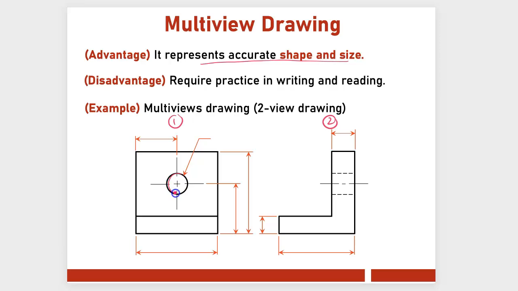You can see that the hole is a perfect circle, the square is a square, the right angle is a right angle. The disadvantage is, however, it requires practice to write it as well as to read it. It's not straightforward. You have to really use your imagination to figure out how this would look in the 3D world.